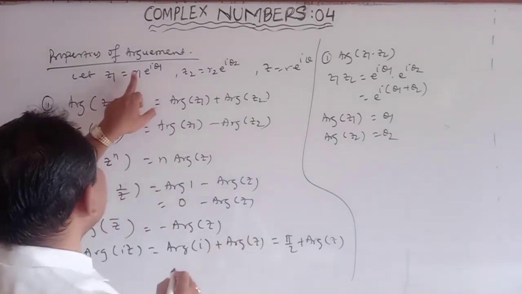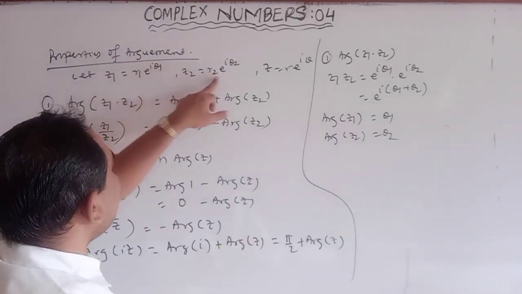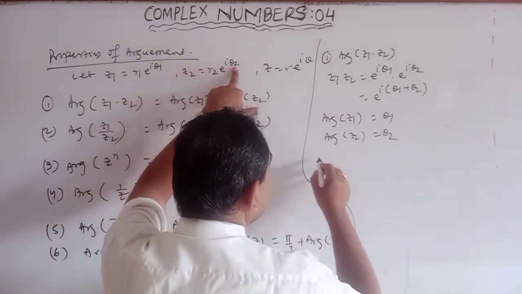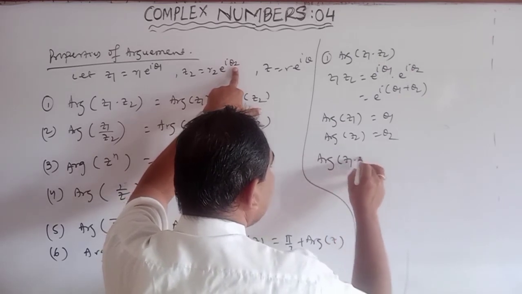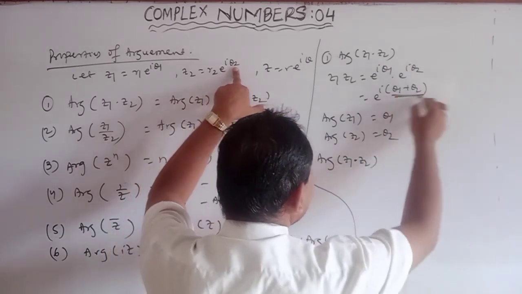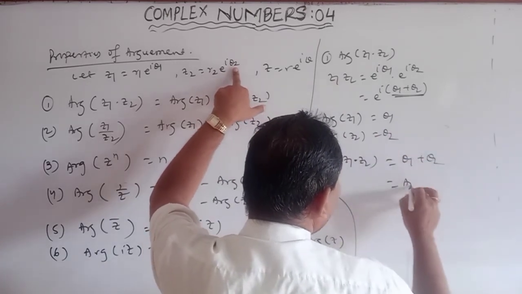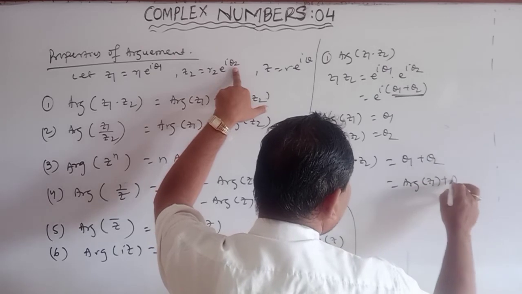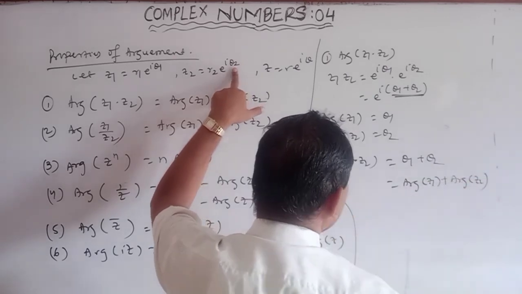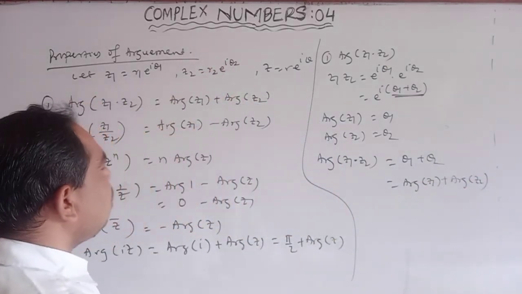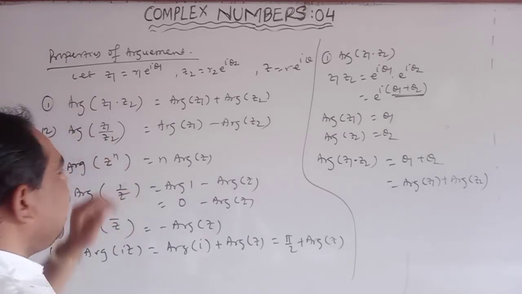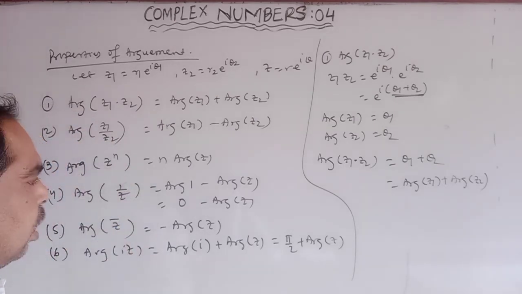So arg of z1 into z2, this is the angle, is equal to theta 1 plus theta 2, which is equal to arg z1 plus arg z2. This is the proof of the first one. Similarly, the others can be proved the same way.